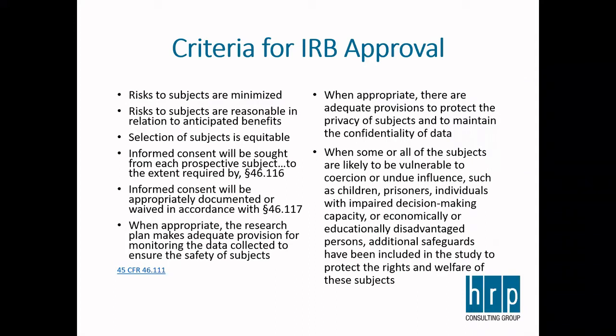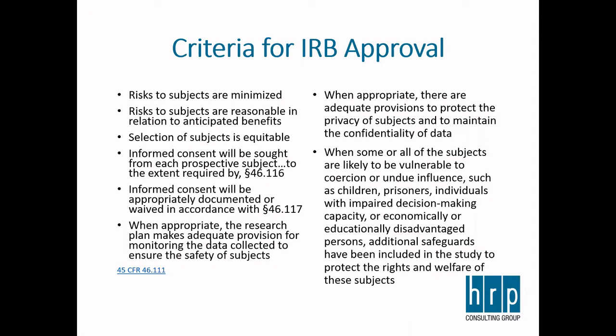Informed consent will be appropriately documented or waived in accordance with the requirements at 117. These requirements talk about the need for a signed consent form or cases when the IRB can waive the requirement for a signed consent form. When appropriate, the research makes plans for monitoring the data collected to ensure the safety of subjects. So this comes into play with research involving greater than minimal risk.